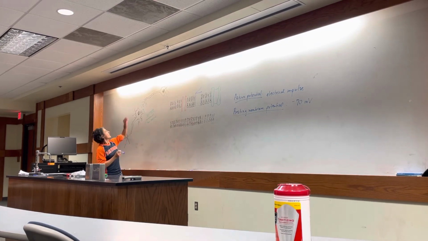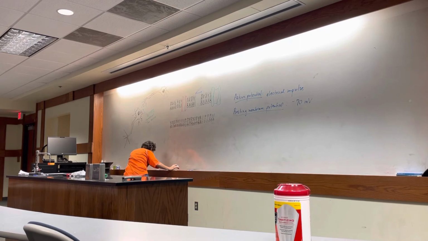Well, inside the cell, okay, so right here, let's talk about inside the axon. We're going to focus on the axon in this lecture. Inside the axon, there are ions, and they're negatively charged ions. I'm sorry, they're not negatively charged. They're positively charged ions.